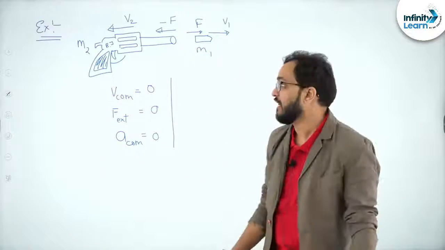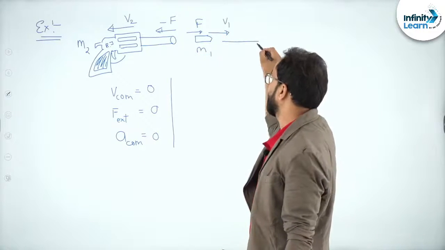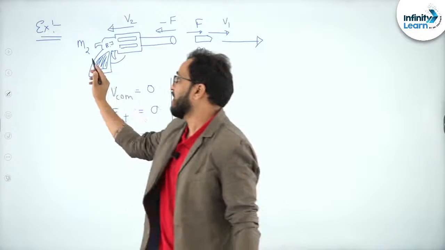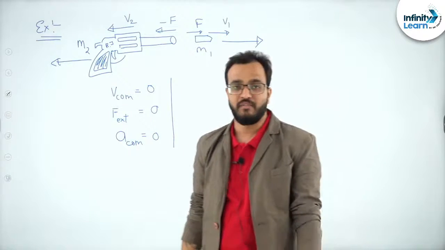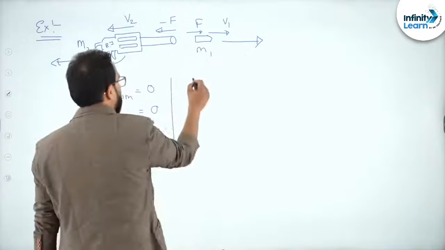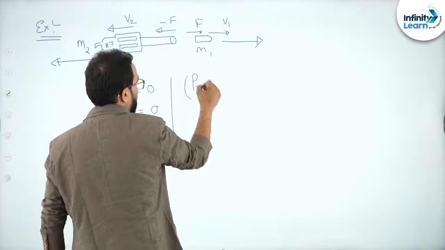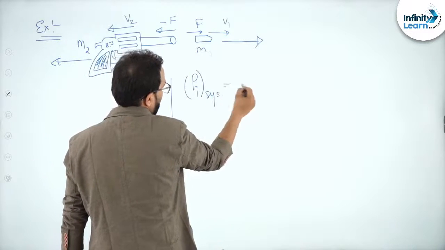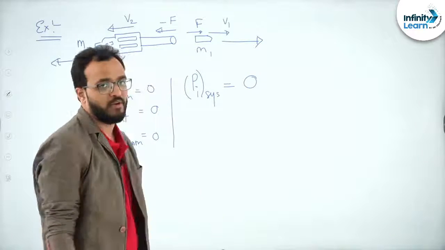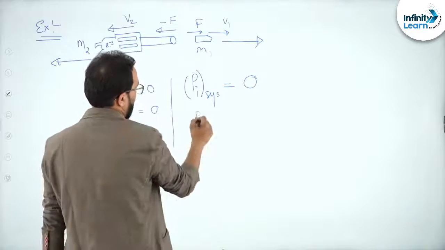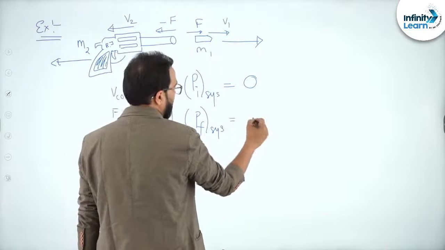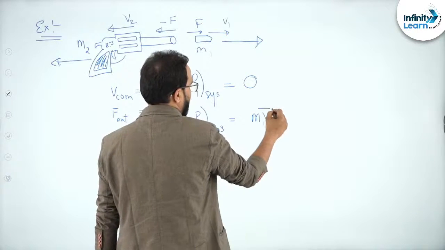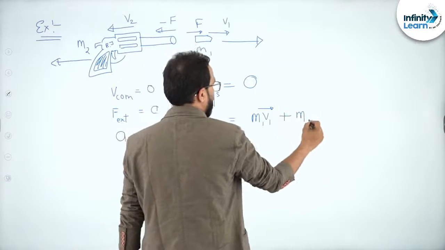So, if one moves forward, then the other will start moving backward such that the net momentum remains conserved. How? You will say, sir, what is the initial momentum of the system before firing? It is 0 because both the gun and the bullet were not moving. Now, what is the final momentum of the system after firing? m1 v1 plus m2 v2.